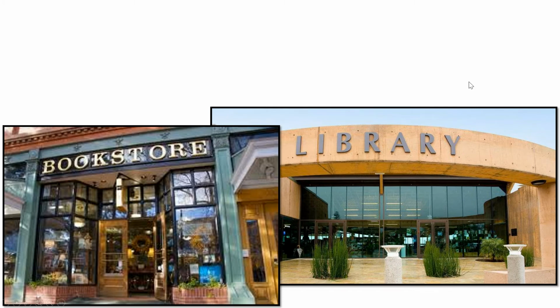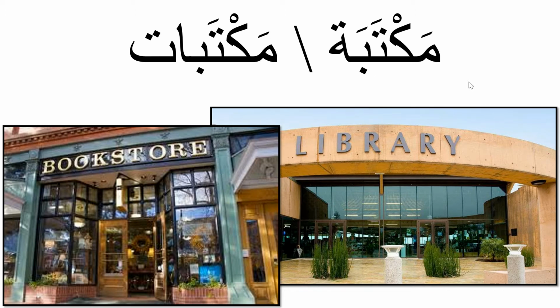Very similar in appearance, but a totally different word in meaning, is maktaba. This is not an office or a desk, it's a library. You add a ta marbuta at the end of it, and it's a library or a bookstore, right? So it's not necessarily a library, it could be a bookstore.